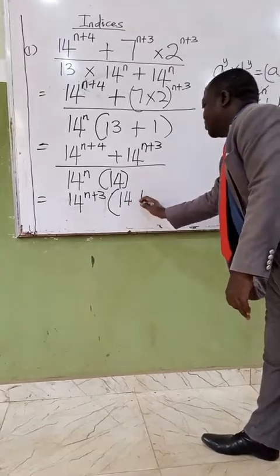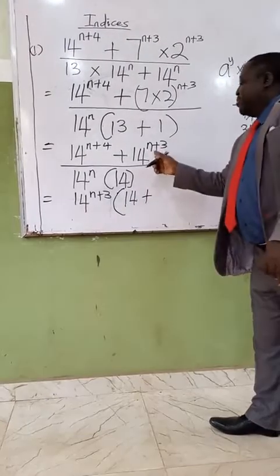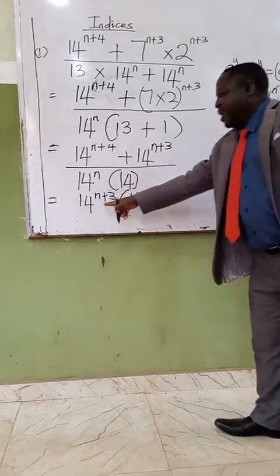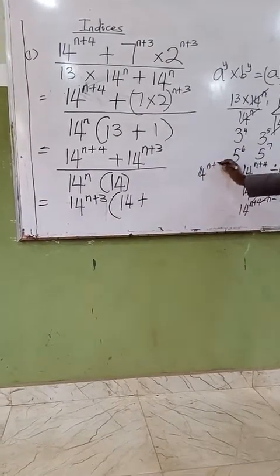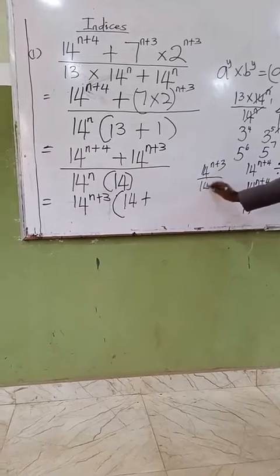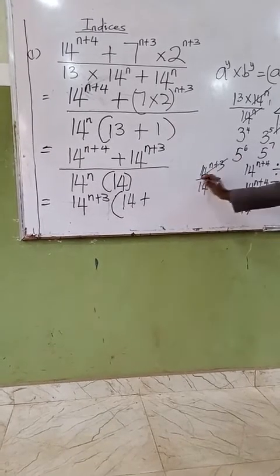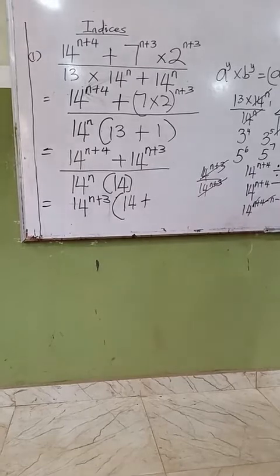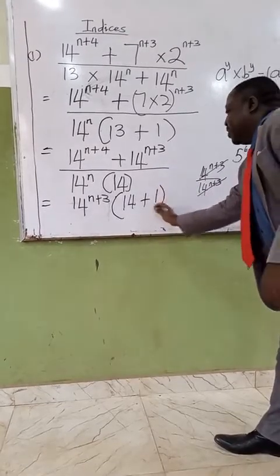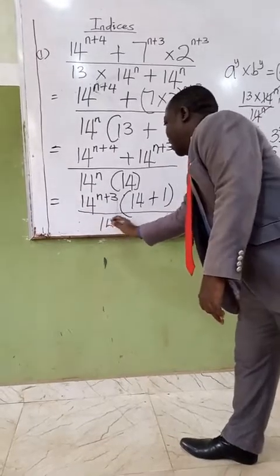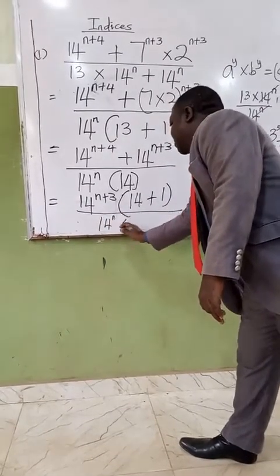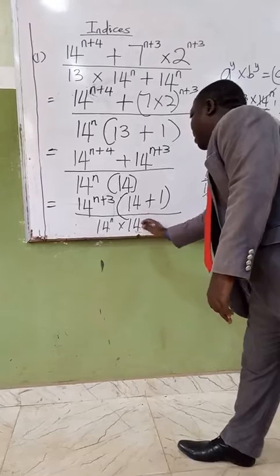Then plus 14 raised to power n plus 3 divided by 14 raised to power n plus 3. That is simply 1, the two of them cancel each other. Then all over 14 raised to power n times 14 raised to power 1.